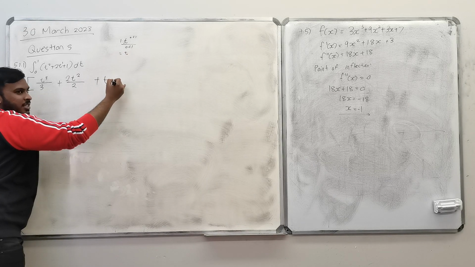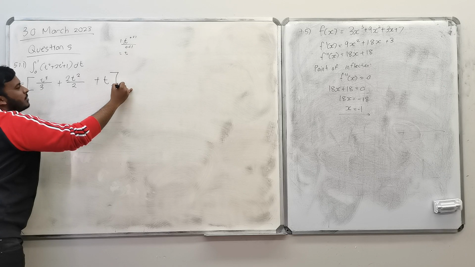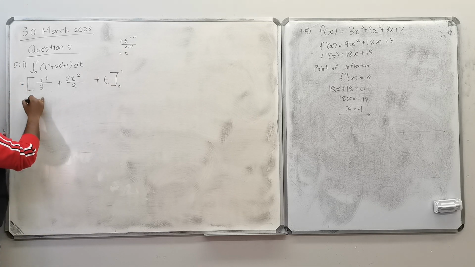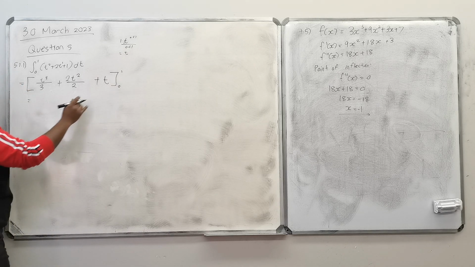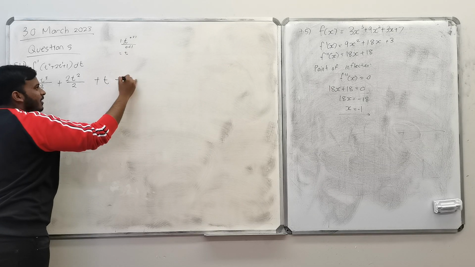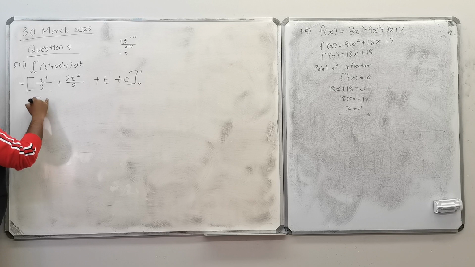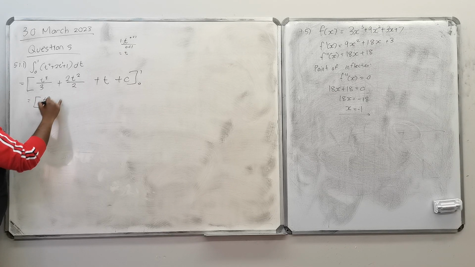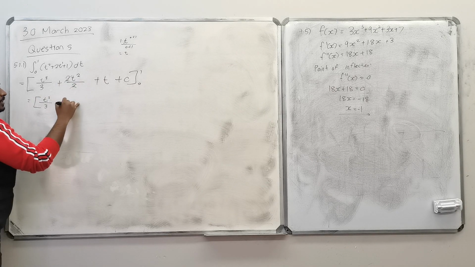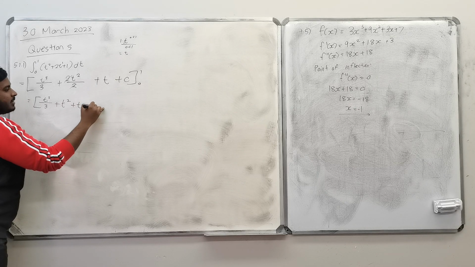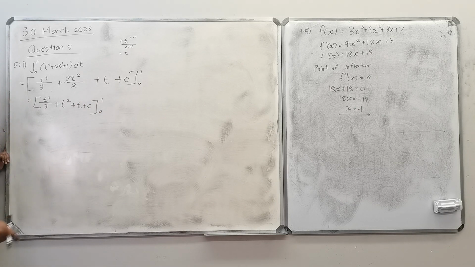So this is t, and you're integrating from 0 to 1. Don't forget plus c. So this is t cubed over 3, and the 2s cancel, plus t squared plus t plus c, integrating from 0 to 1.